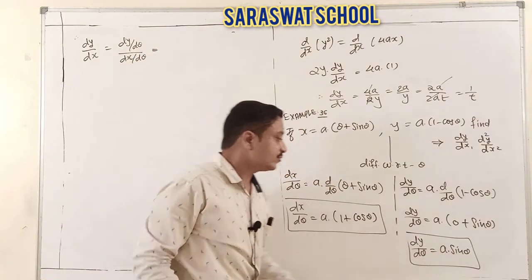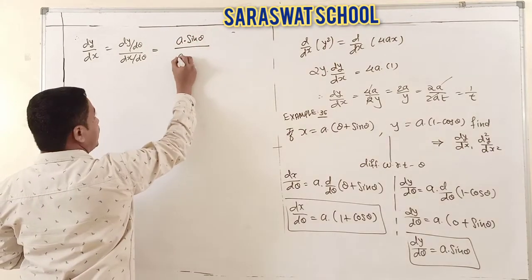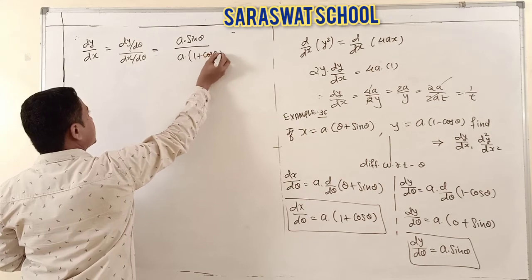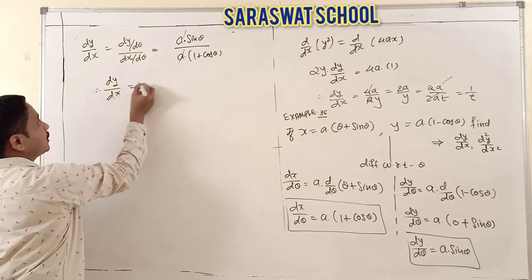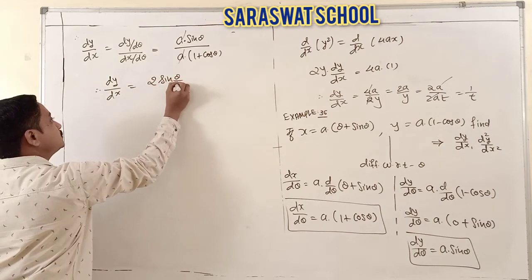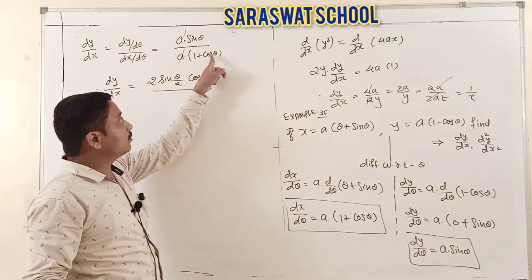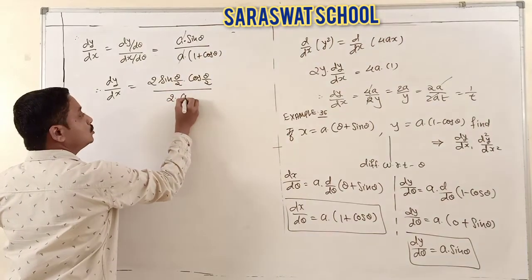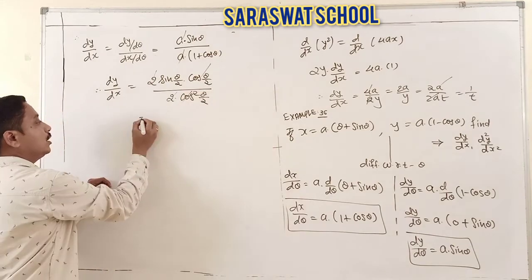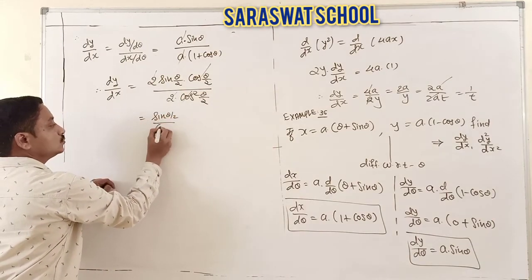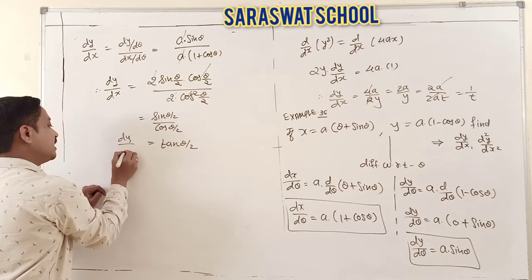It means this value a sin theta upon a(1 plus cos theta). This a and this a cancel, and further you calculate, it is 2 sin theta by 2 cos theta by 2, and 1 plus cos theta is what? 2 cos square theta by 2. 2 gone, cos gone, only I have tan theta by 2 for dy by dx.